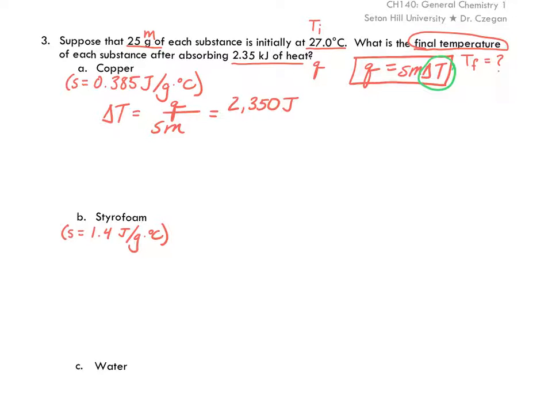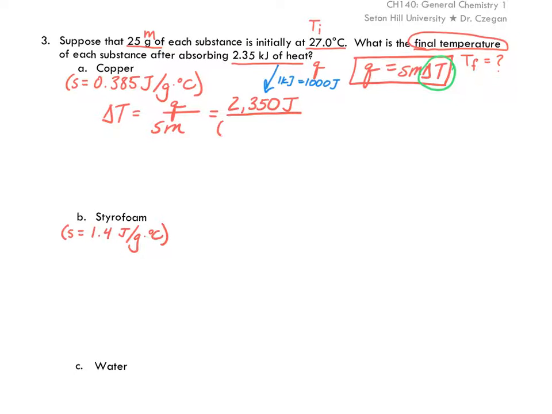I did a little shortcut here, and I converted using the fact that 1 kilojoule is 1,000 joules. If it's in joules, then you don't have to do that conversion. But if it was in kilojoules, we need to get it back into joules, because the specific heat capacity, S, has units of joules, and we want them to cancel out.